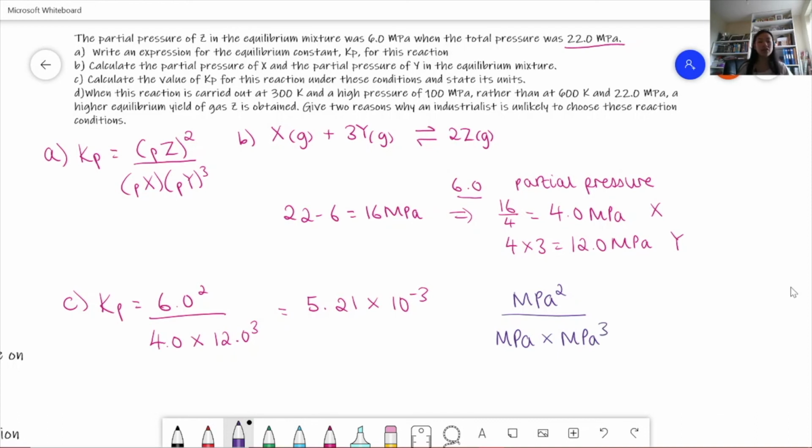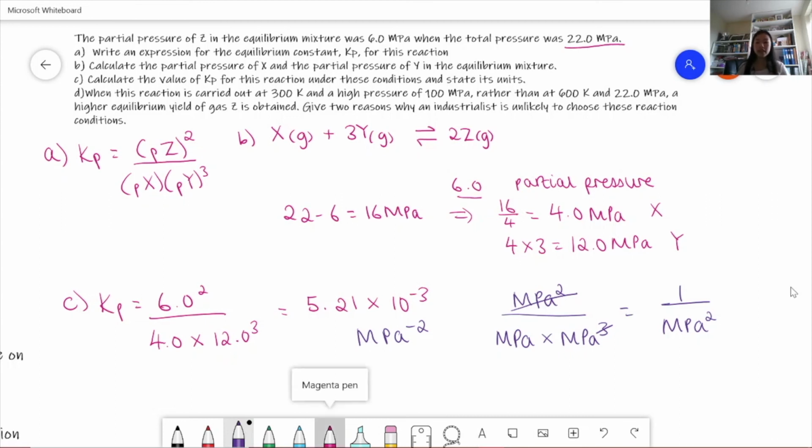So I can cancel 2 off this megapascal and cancel this 1 at the top. So then we're left with 1 over megapascal squared. And so the units are megapascals to the minus 2 because we've got 1 over the megapascals squared.